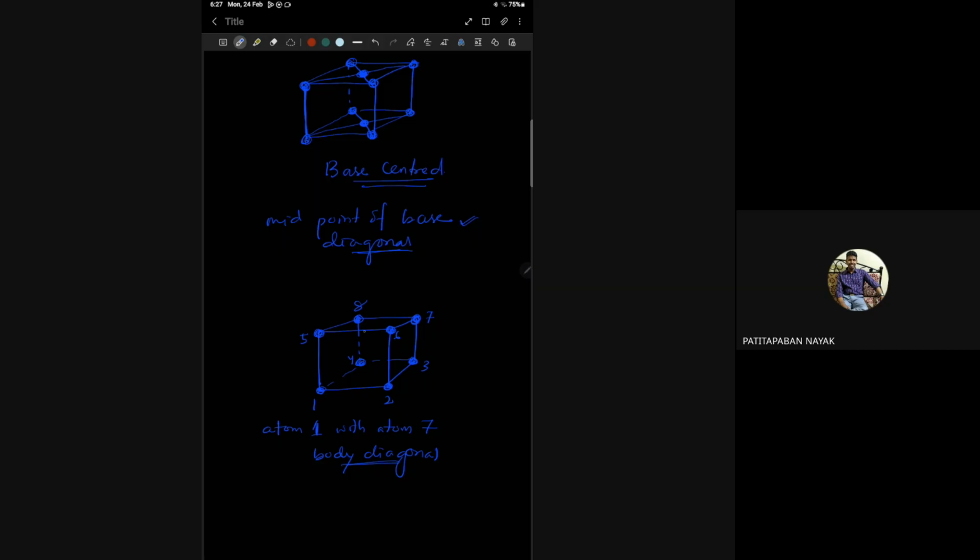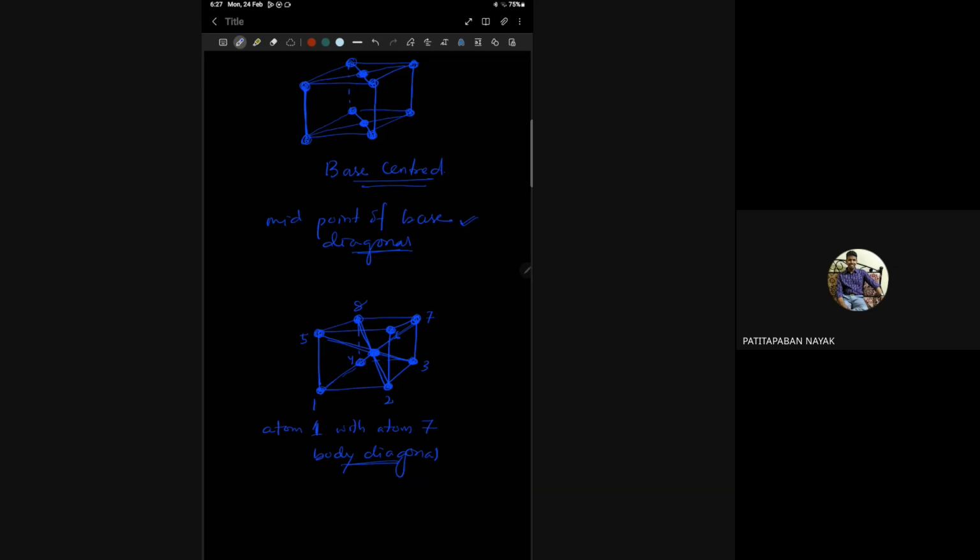So that means I'll connect 1 with 7, 2 with 8, 3 with 5. So that's the intersection point. That intersection point is my body center.